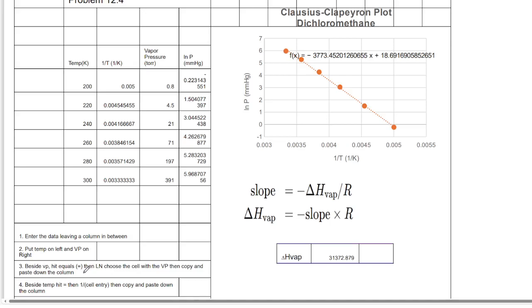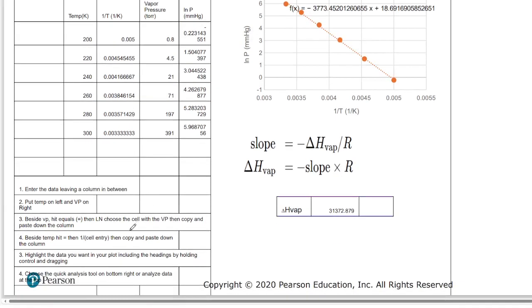Next, right beside the vapor pressure, I'm going to put ln of the vapor pressure. So I'm going to hit equals, and then choose ln, and then choose this cell and hit enter. Then I'm going to highlight the cell, hit Control C, and highlight these cells and hit Control V. Then I'm going to do a similar thing with the temperature.